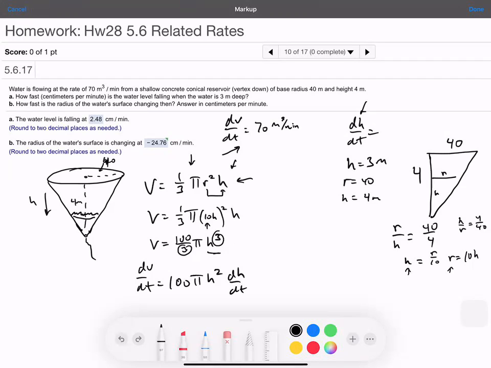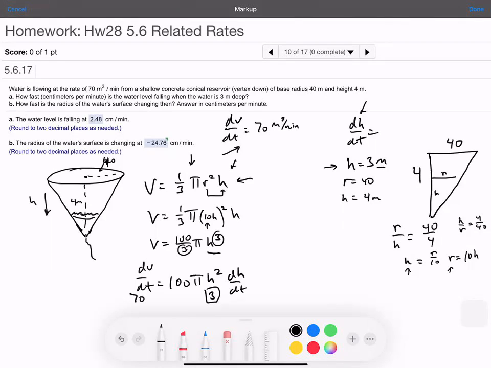Okay, so we have our height, which we said was going to be specifically 3, so that's going to be a 3 value here. Our dV dt, we said was going to be 70. And careful, that's meters cubed per minute. We're going to change that to centimeters, but I'm going to change it at the end because all my other values have been in meters so far.